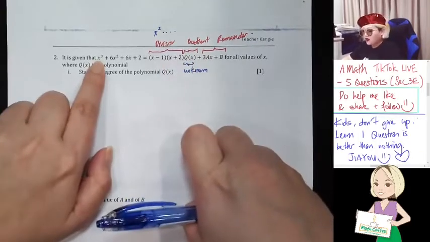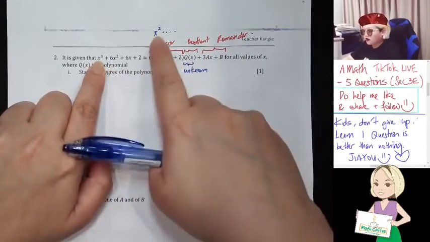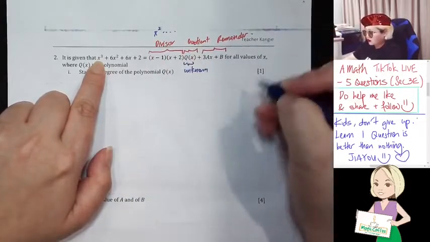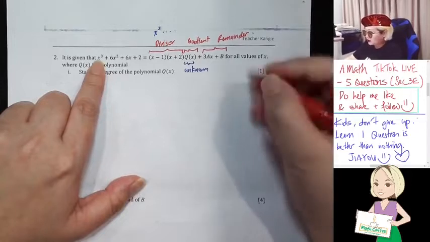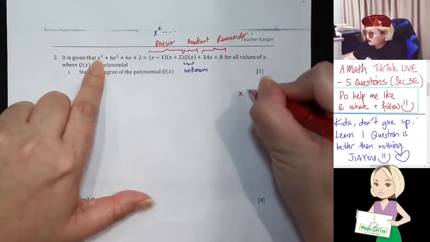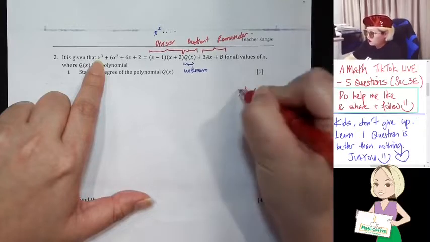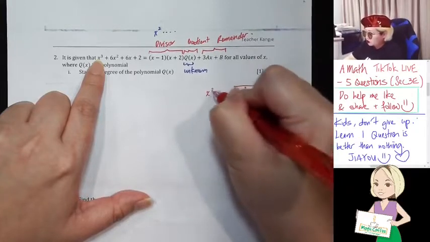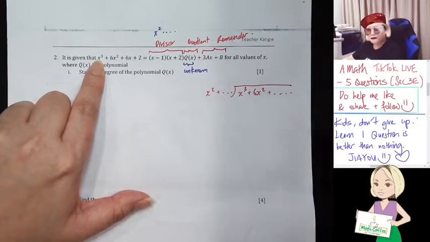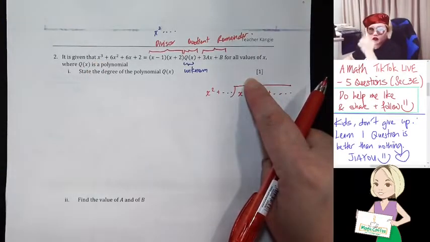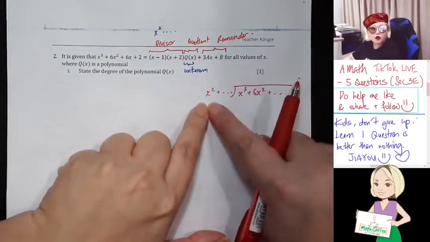So you see, this x cubed, when I divide by x squared, my quotient will be x. Let me just show the example here. I'm not going to do the long division. I just show you x cubed plus 6x squared plus dot dot dot, when I divide by x squared plus dot dot dot. Remember that day, I think on Wednesday, I did the long division. I told you what times x squared gives me x cubed.